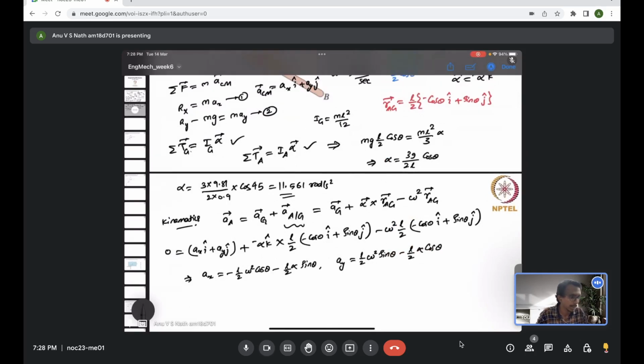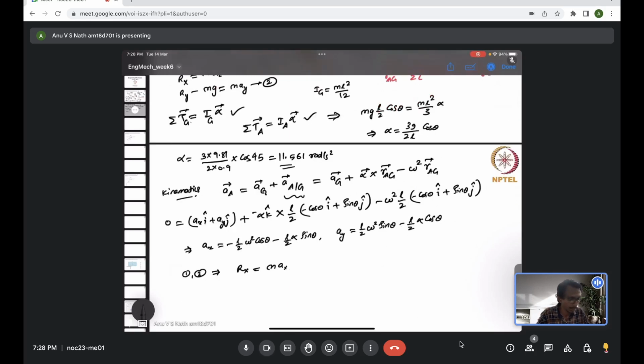Then you go back and substitute in equations 1 and 2. We get the reaction force in the x direction as mass times acceleration in the x direction, and if you do that, you will get the value of the reaction force as minus 116.337 Newton.